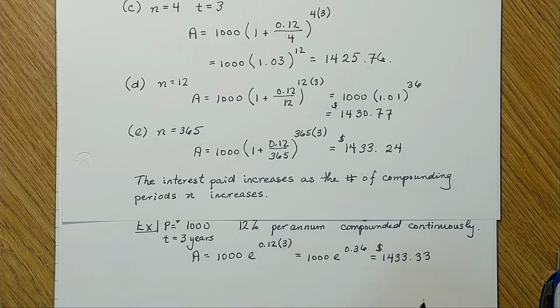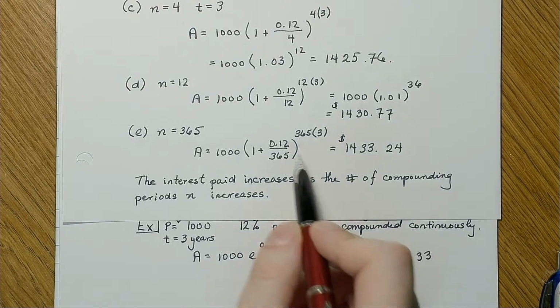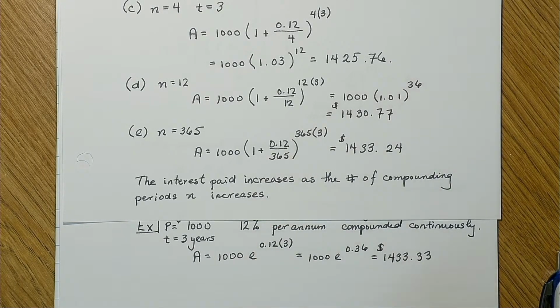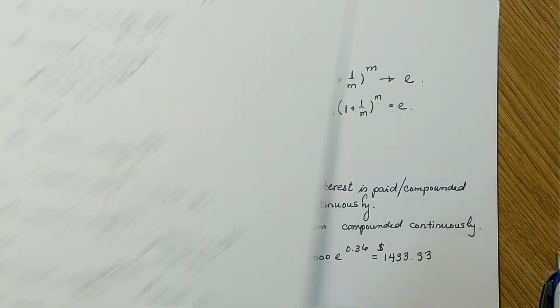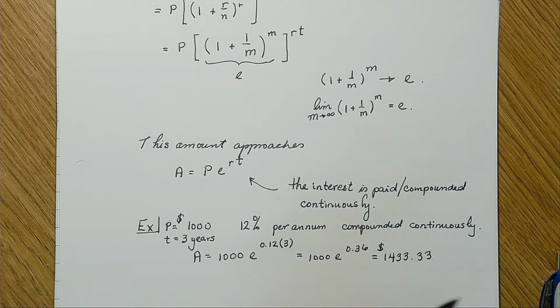So again, if I wanted something quick to do, I can just use this formula. So the principal times e to the annual interest rate times the number of years will give me approximately what I would get if I was compounding daily.